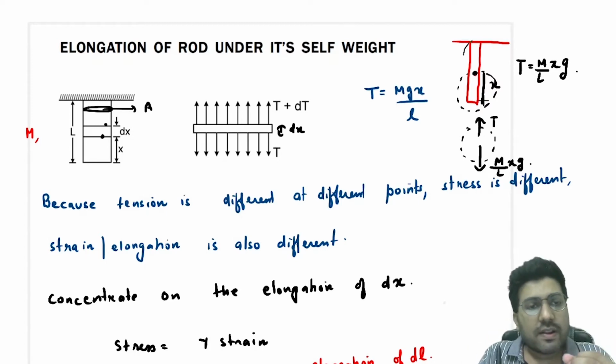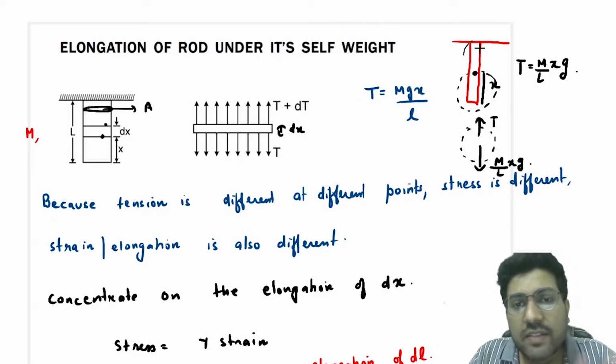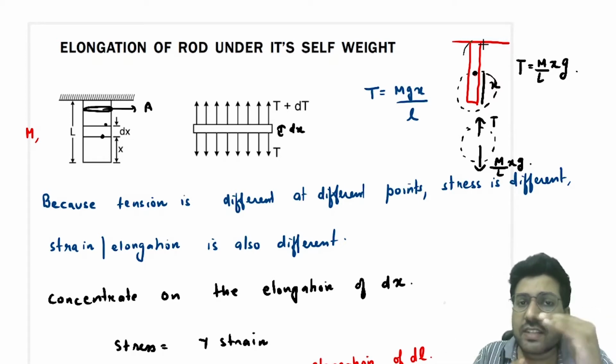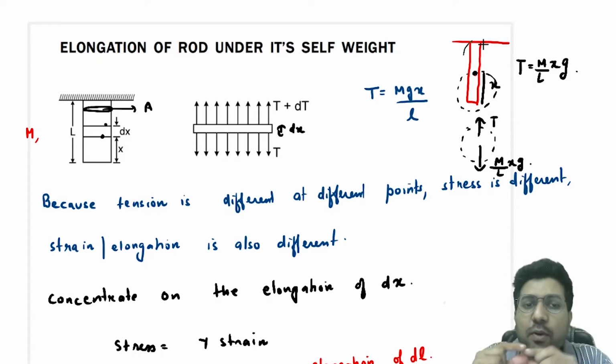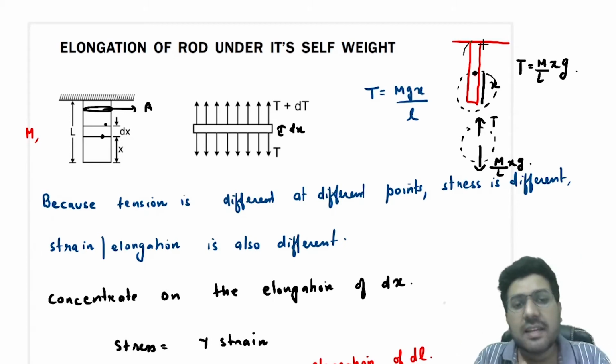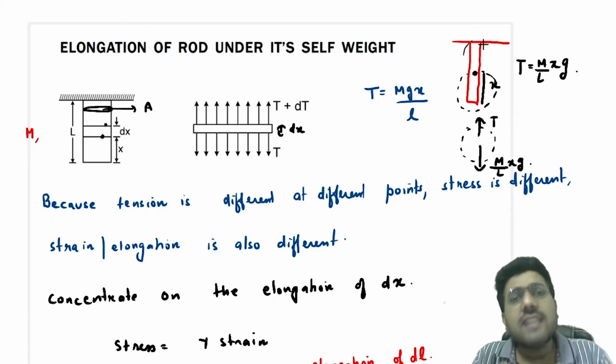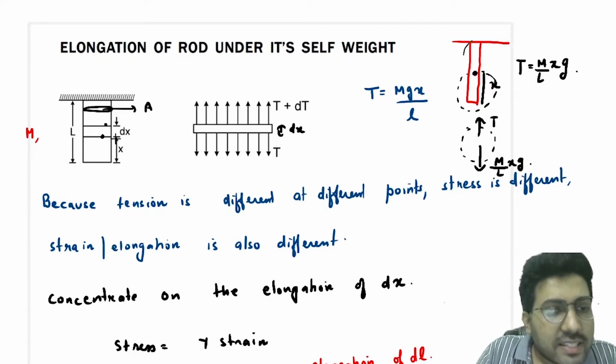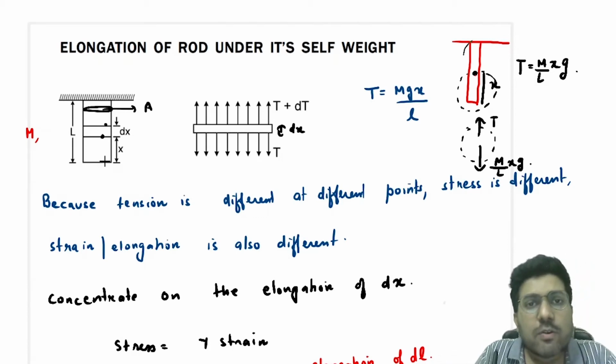Now, if the tension at every point is different, that means the stress is different. If the stress is different, the strain is different. If the strain is different, every point is elongating differently. So we have to take an element. At a distance x from the bottom, we will take an element of small width dx.